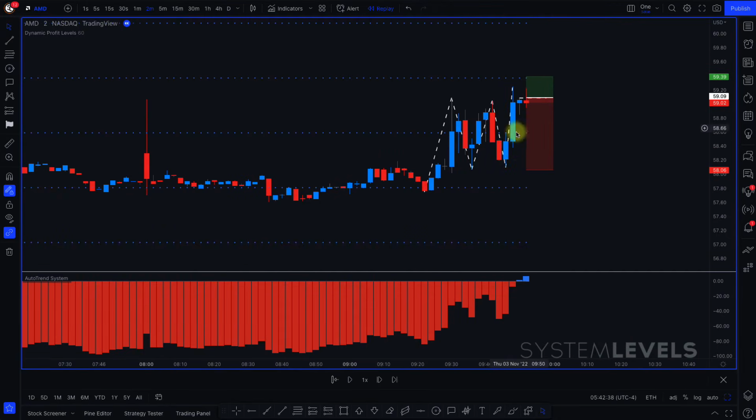So if prices start expanding, so we start putting big long candles, then the dynamic profit levels will also expand, and the distance between each of them will become wider. And obviously the reverse is also true. If prices start contracting, then the dynamic profit levels will also contract to reflect that change in volatility. So it's a great way to keep realistic targets on our charts.